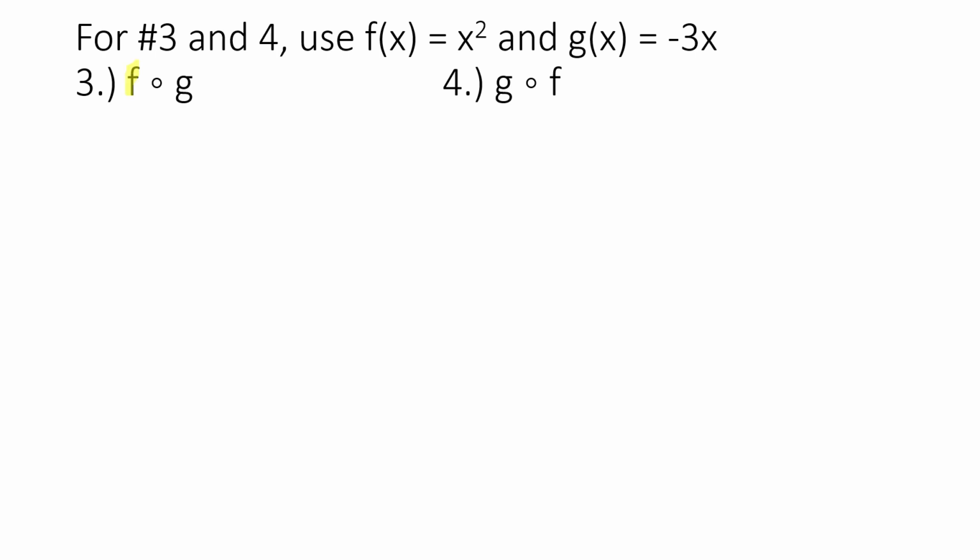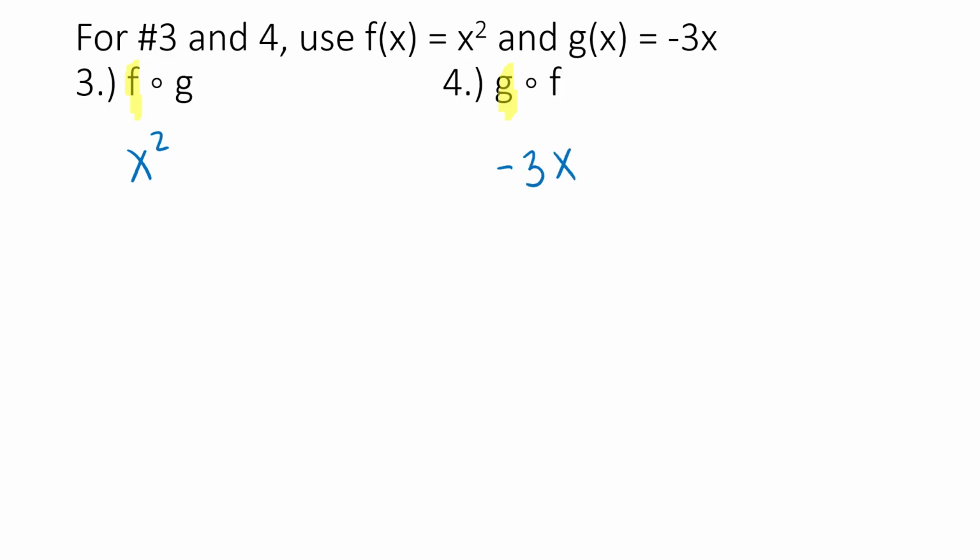So whatever that first function is that you see listed, that's where we're going to start, is copying down that first function. So for number 3, that's going to be f, which is x squared. And for number 4, that's going to be g, which is negative 3x.